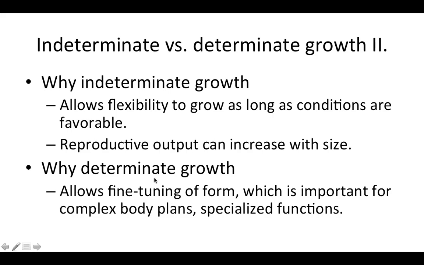Let's contrast that with determinate growth. There are advantages to determinate growth, and one is that this allows fine-tuning of form. This is going to be important for organisms with complex body plans and specialized functions. So we've already said that animals tend to have more complex body plans and more specialized functions than do plants. So for example, it's important that our fingers are all relatively close to each other in size for us to be able to grasp objects.